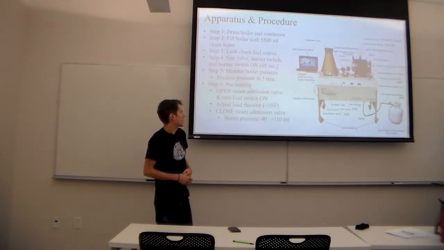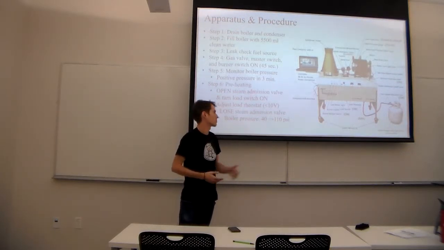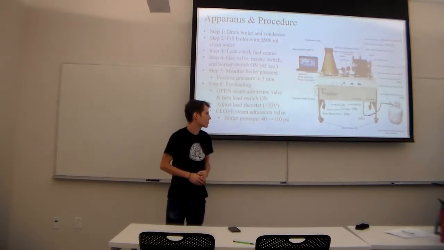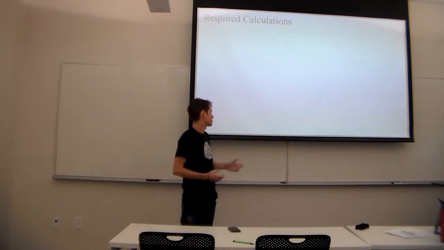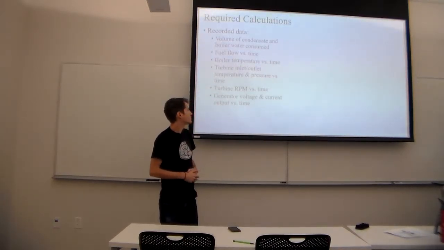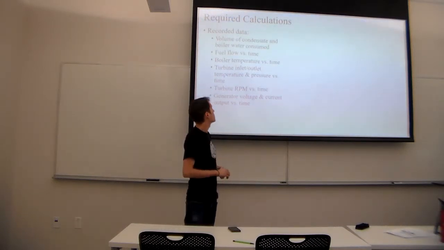And that's going to reduce our pressure in our boiler down to about 40 psi. Once that happens, then we can close our valve again, and that'll allow our boiler pressure to come back up. And then we can move on to the experiment, which is just adjusting the steam emission valve to change the current and voltage that are coming out of our generator.